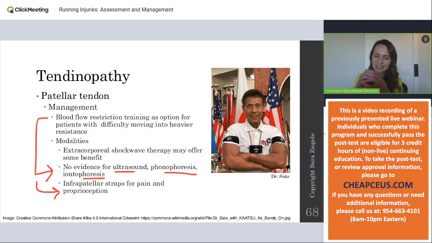Classically, we see the patellar tendon straps. I find that people throw those on for pretty much any kind of knee pain, but it's actually intended for patellar tendinopathy. It does show in the research that early on in that pain reduction phase, those may be helpful for improved tolerance for activity and proprioception.